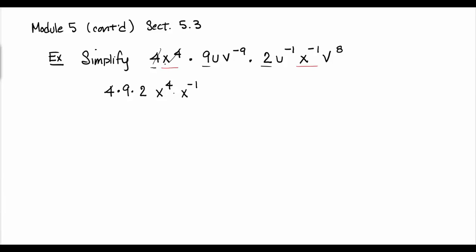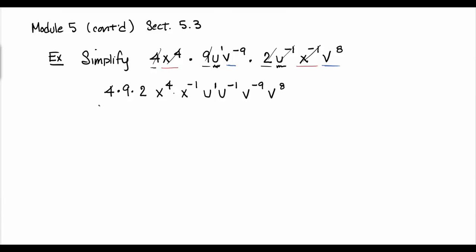And then I have u to the 1, because this is a 1 up here, and I have a u to the negative 1. And then lastly, I have v to the negative 9 and v to the 8th.